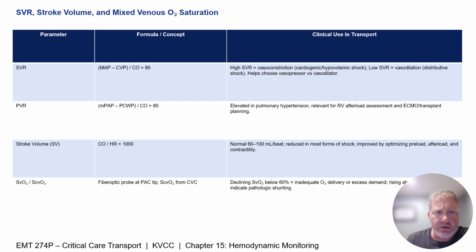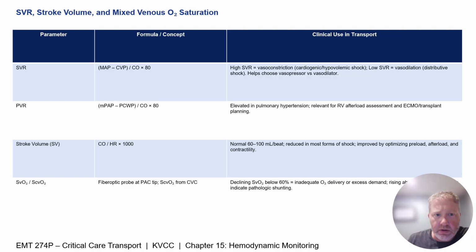Right, let's move on to SVR, stroke volume, and mixed venous O2 saturation. SVR, or systemic vascular resistance, helps describe the degree of vasoconstriction or vasodilation in the arterial system.